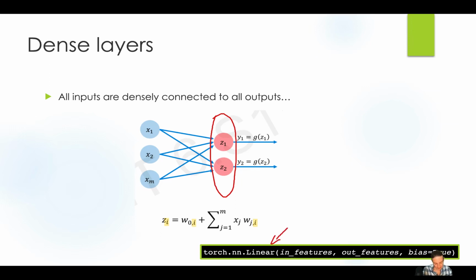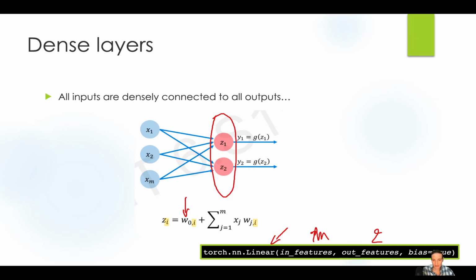And a layer like this is typically defined by the number of input features, in this case 3, the number of output features, 2, and the bias, if there's a bias. Bias is here, so we have it as true.